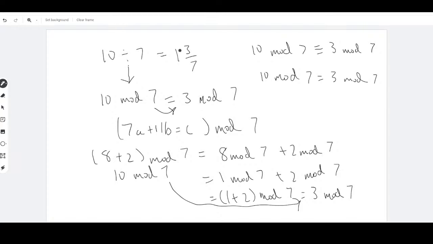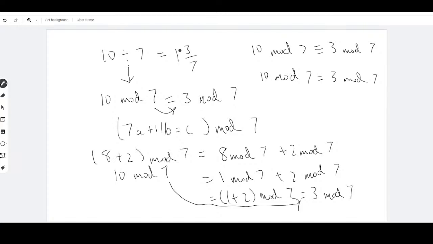So let's try to apply this to the equation. Okay, I'm making a new slide. We have 7a plus 11b is equal to c, and we're thinking about this equation in mod 7.